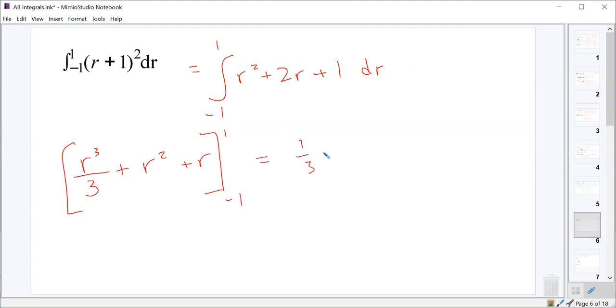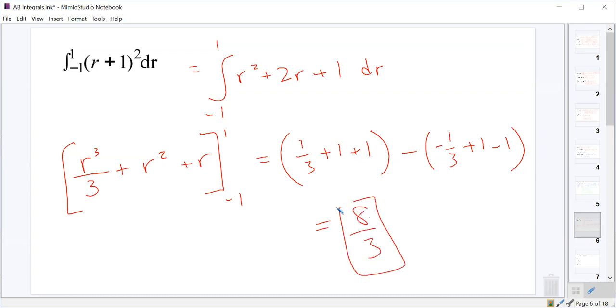That gives us a third plus 1 minus -1/3 plus 1 minus 1, and simplify it all out. We get a third plus 1 plus 1 plus a third, plus 1 minus 1 cancels out. Looks like that's 2 2/3 or 8/3.